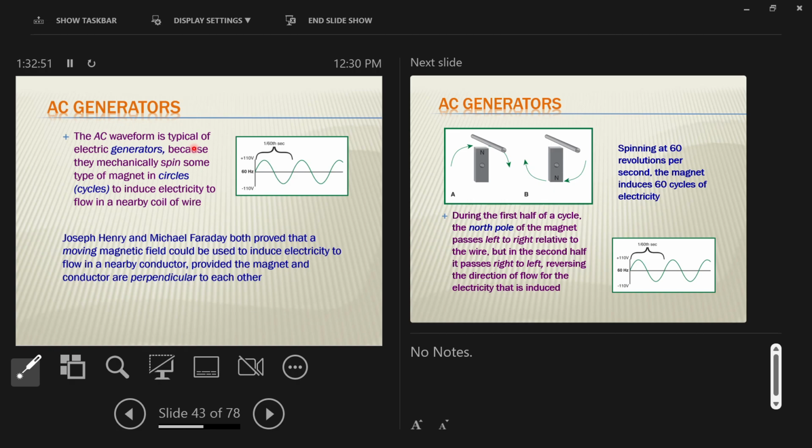But anyway, the point is you need something called a generator to make enough power to make the X-rays. Remember, power is amperage and voltage, right? You need enough power to produce X-rays. The AC waveform is typical of electric generators. These generators make the electricity for us to use, and it has to get converted from AC to DC at some point.